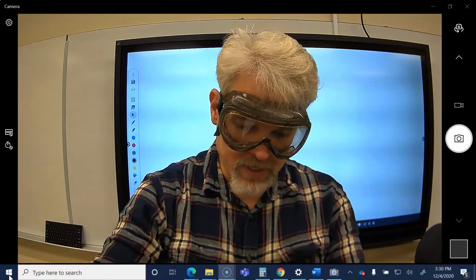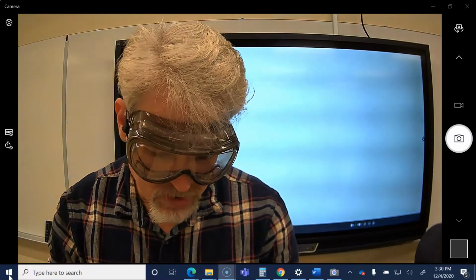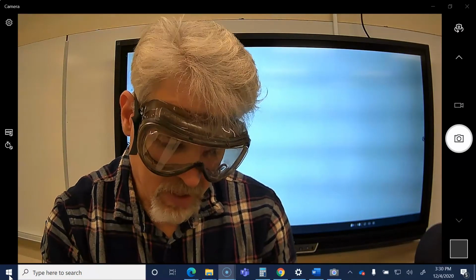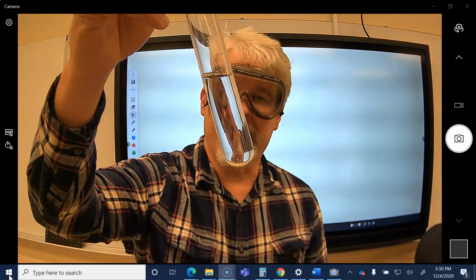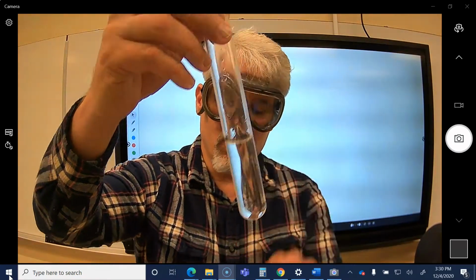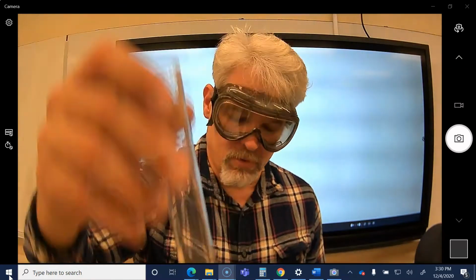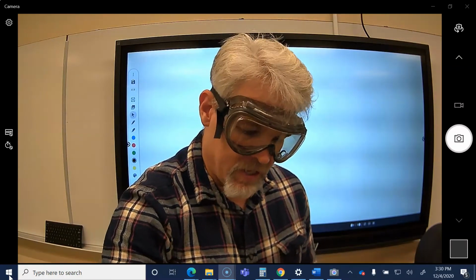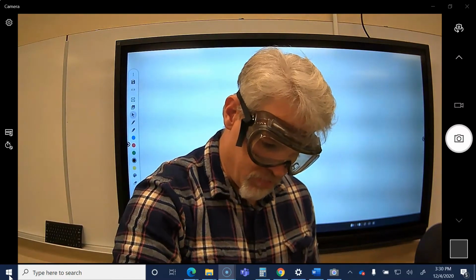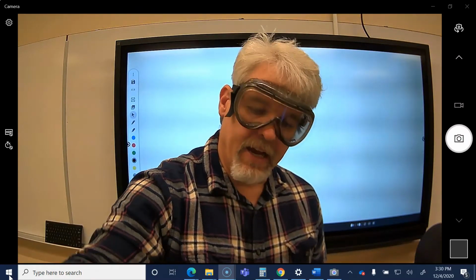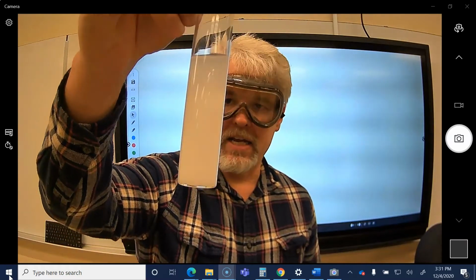Okay? What this was, is that this test tube here has calcium chloride in it. That's just a way of getting calcium ions dissolved in this solution, because calcium chloride is a strong electrolyte. The tube that I poured it into had sodium carbonate in it.